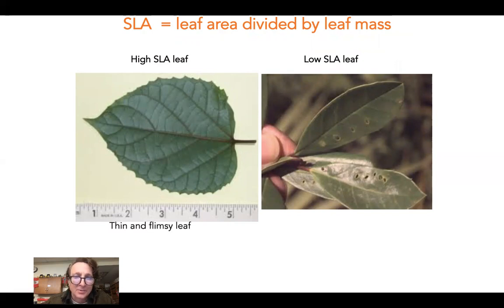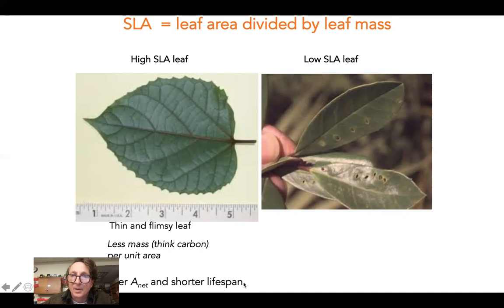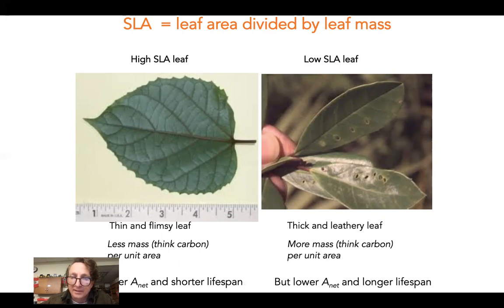A thin and flimsy leaf is a high SLA leaf. So it has less mass per unit area, but it also has a high photosynthetic rate and a short lifespan, whereas a low SLA leaf has more mass per unit area, but also a low photosynthetic rate and a longer lifespan.